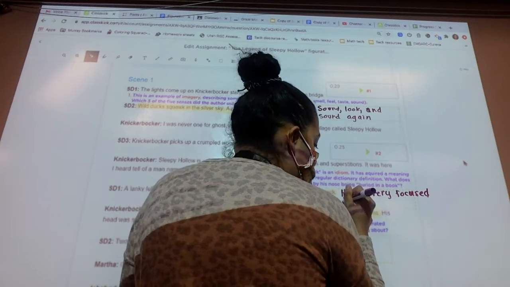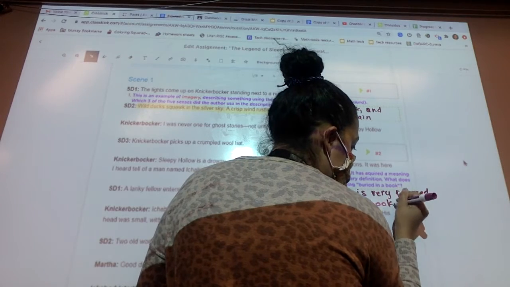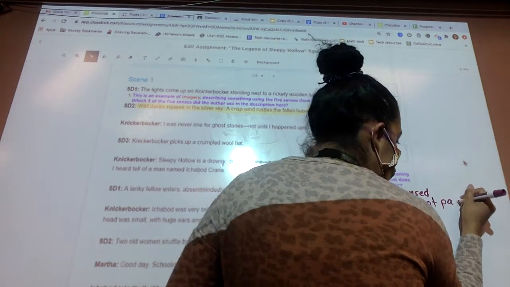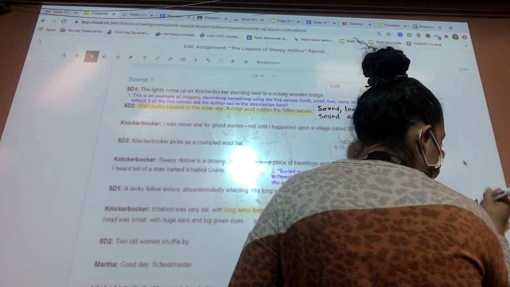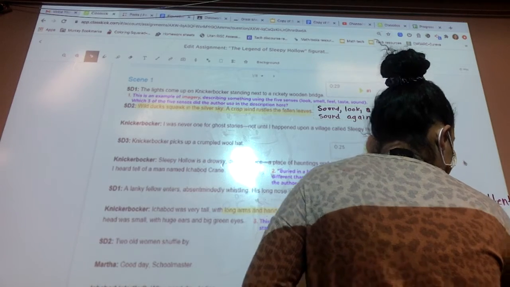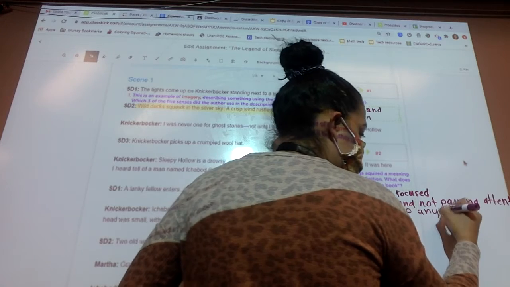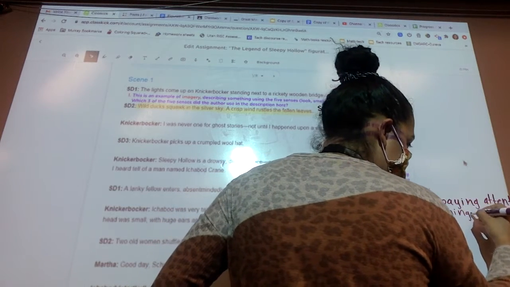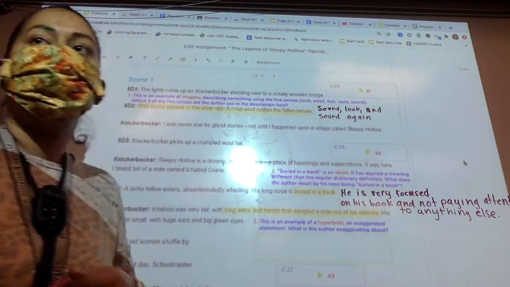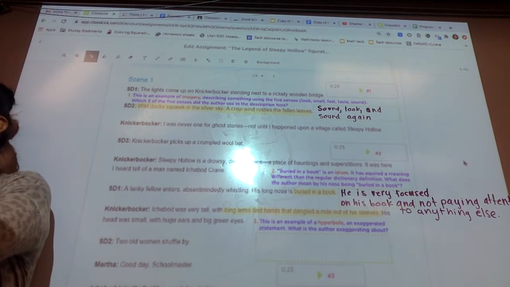He is very focused on his book and not paying attention to anything else. Okay, that's for number 2. Typing quickly.